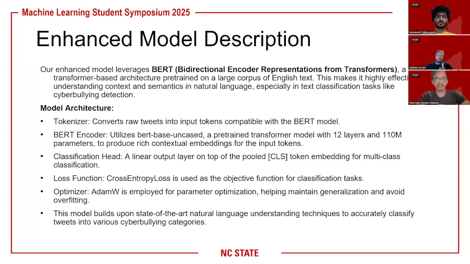The core of the model, the BERT encoder, captures the nuanced relationships within the text. On top of this, we add the linear classification head with the CLS token embedding, as mentioned before. For training, we used cross entropy loss with the Adam optimizer on top of it. All together, it leverages cutting-edge NLP techniques.